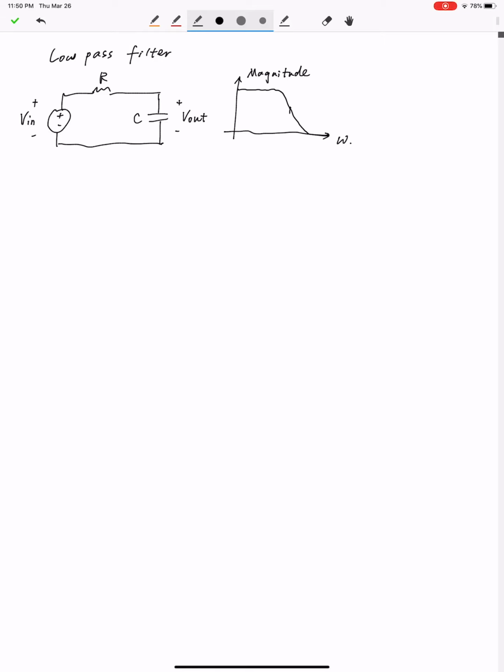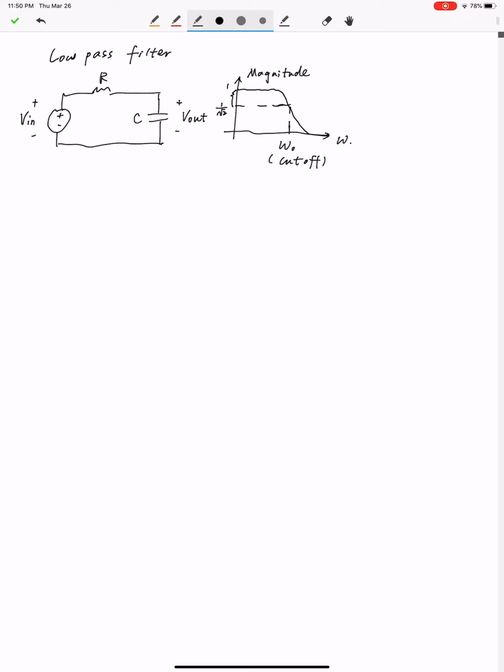When omega is below omega 0, which is defined as the cutoff frequency, the magnitude of this filter is above 1 over square root of 2, which is defined as high magnitude, right?